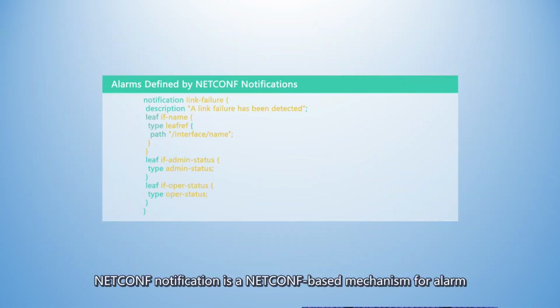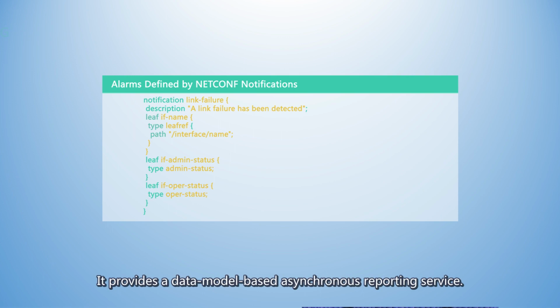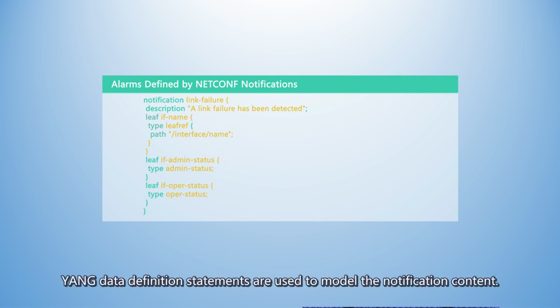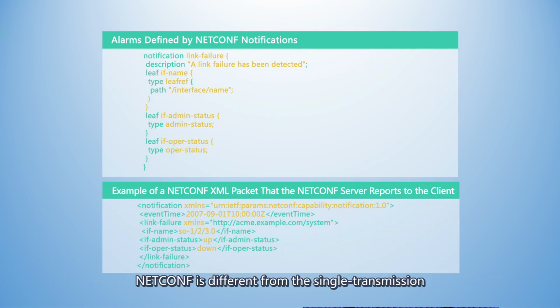NETCONF notification is a NETCONF-based mechanism for alarm and event subscription and reporting. It provides a data model-based asynchronous reporting service. YANG allows the definition of notifications suitable for NETCONF. YANG data definition statements are used to model the notification content. NETCONF is different from the single transmission and single receiving mechanism of RPC packets, which a client uses to query data.